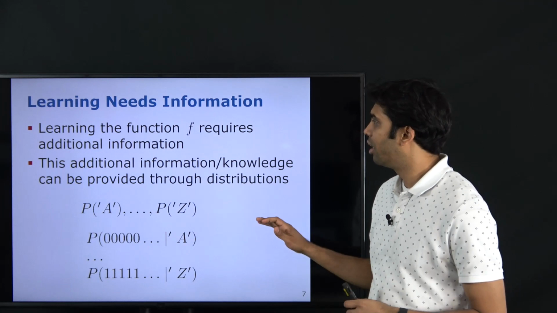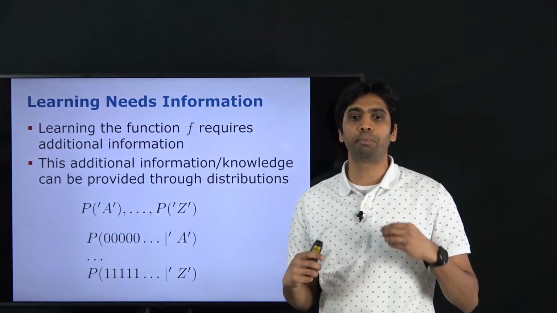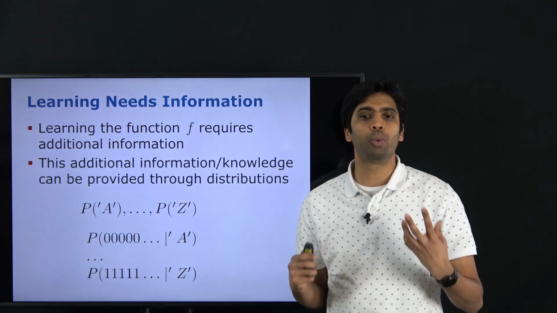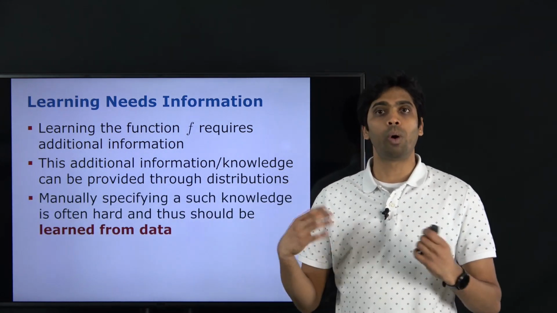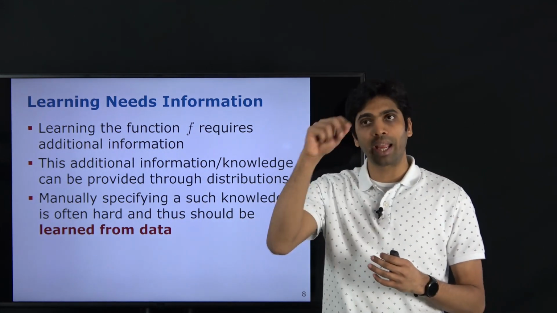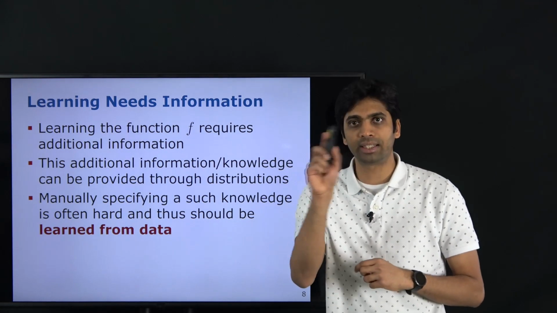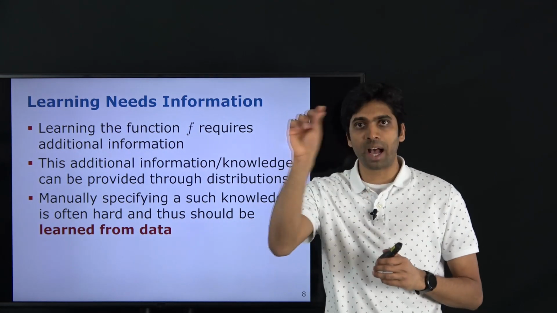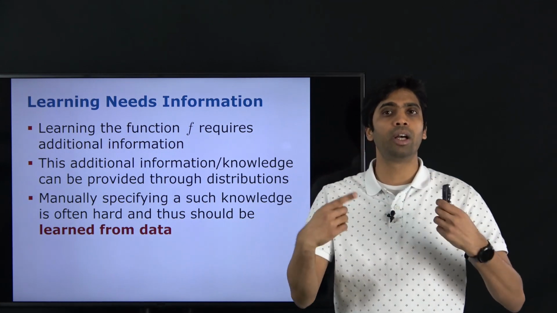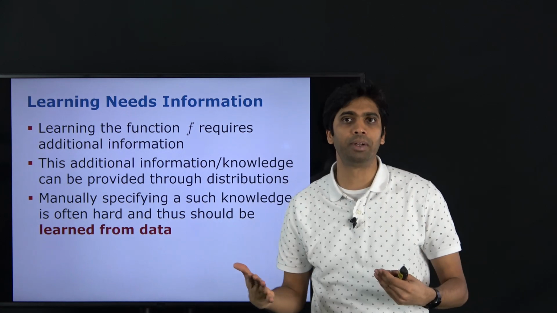And this additional information can often be provided through what is called the training data. For example, if I give, let's say, 100 examples of how A looks, I could convert them into these strings of E's, the binary strings, and then learn from there what A looks like from the writings of different people, right?